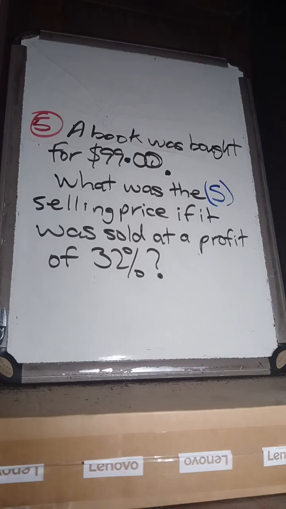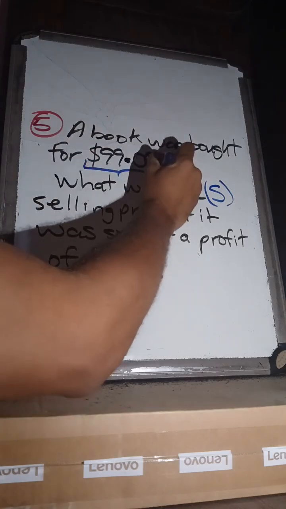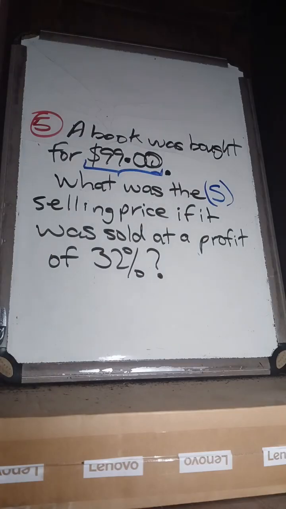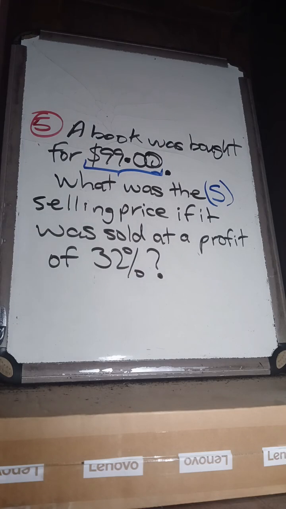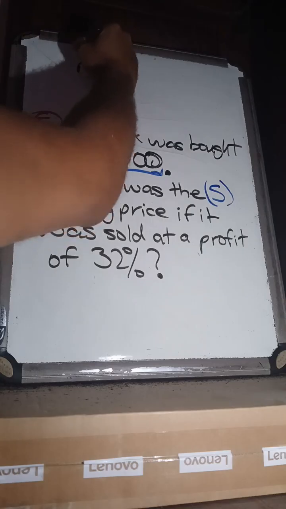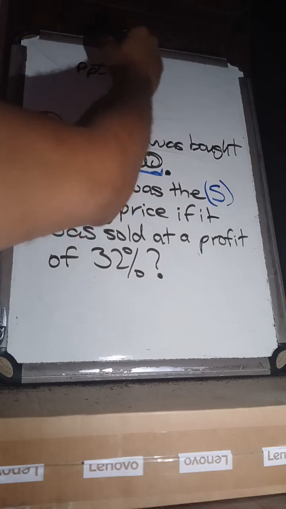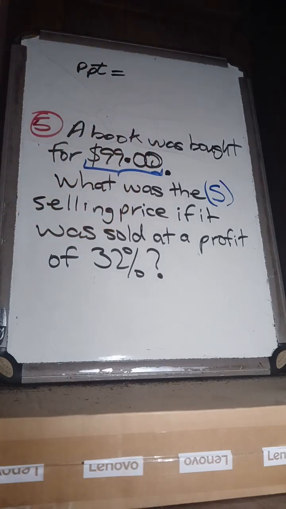All right. So based on what they ask us, our unknown is the S, right? And if it's a profit, it means that we're going to add this to the 100.